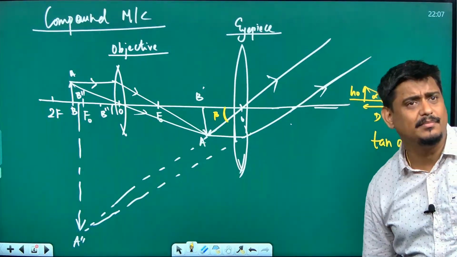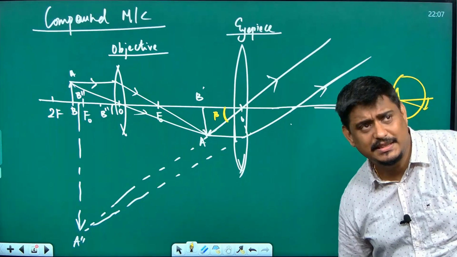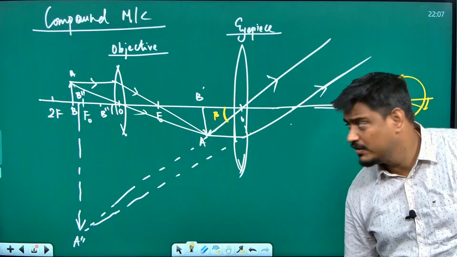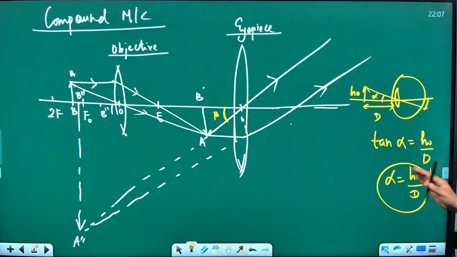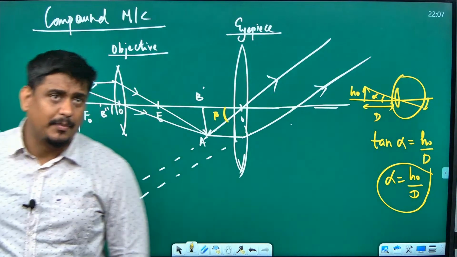Have you copied the diagram? See, this diagram you will not find in the NCERT book and all. So, be clear about this diagram. Shall I proceed further? I hope all of you have copied. Yes, sir. Okay, please pay attention.